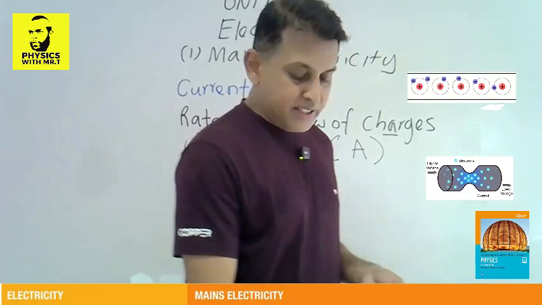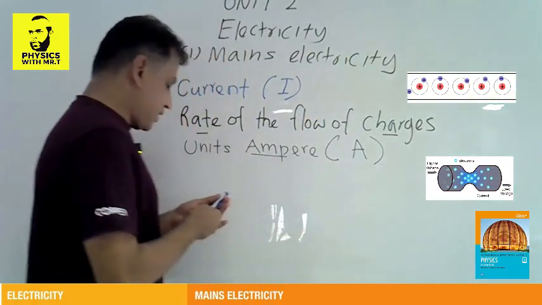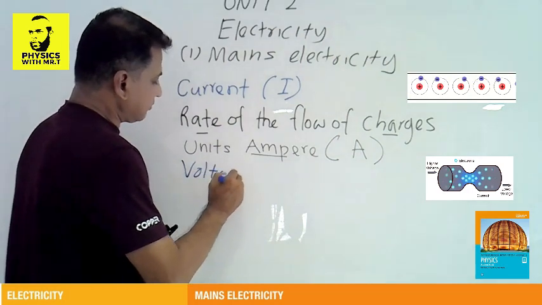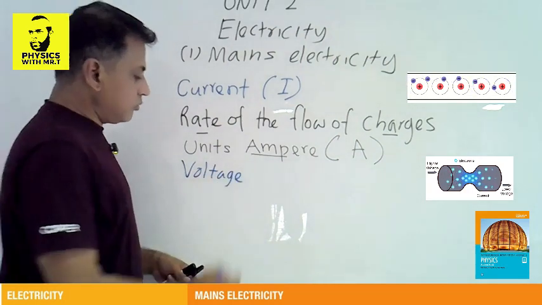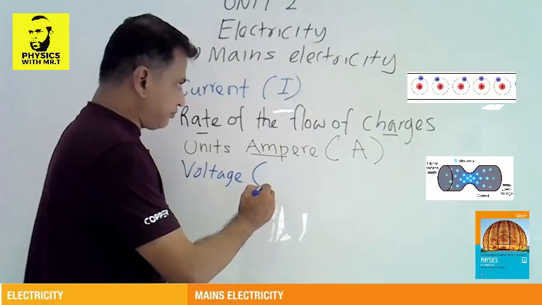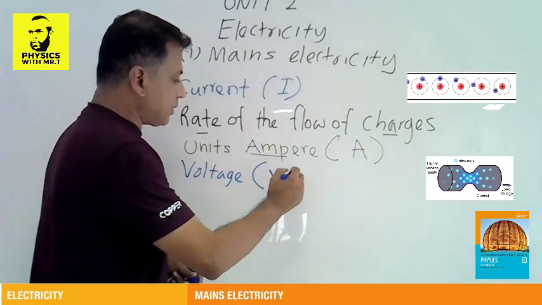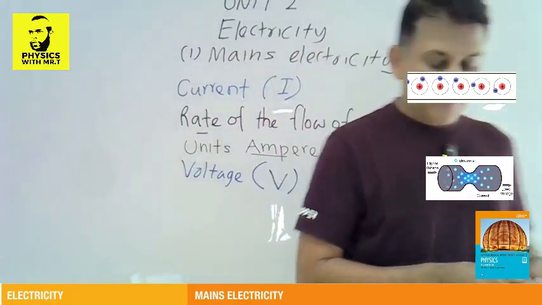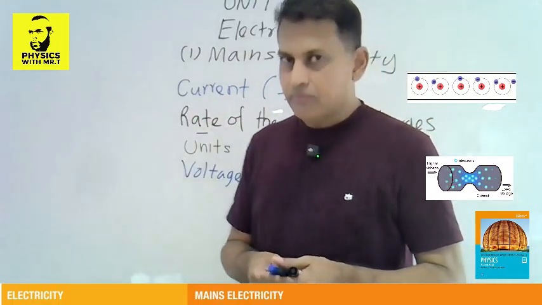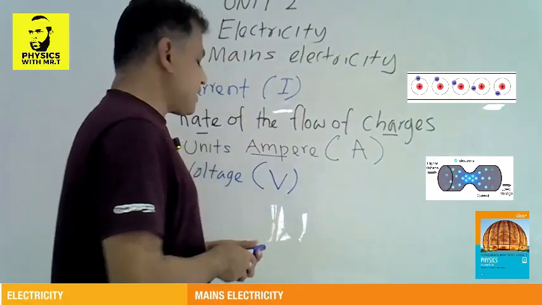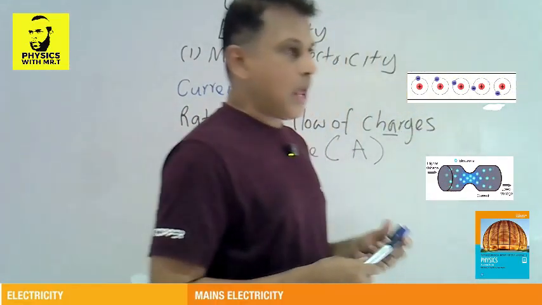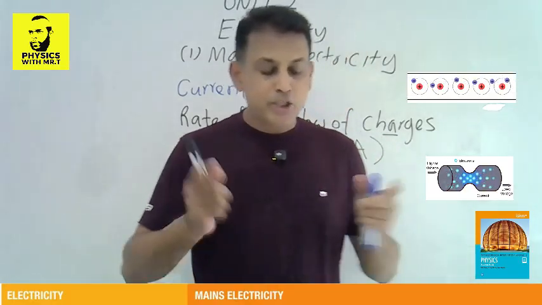The next thing is the voltage. Voltage is written as a capital V, and it is defined as the energy transferred per unit charge.